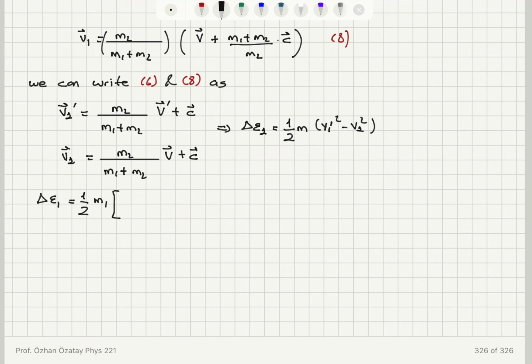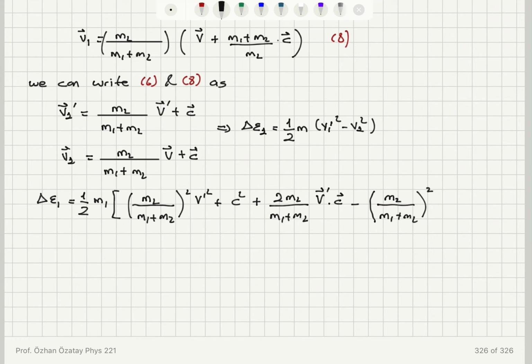For v1 prime squared I have (m2 over (m1 + m2)) squared V prime squared plus c squared plus the cross term 2 m2 over (m1 + m2) dot product of V prime with c, and then subtract from this v1 squared, which is (m2 divided by (m1 + m2)) squared V squared, and then I will have minus c squared, and then minus 2 m2 over (m1 + m2) dot product of V with c.